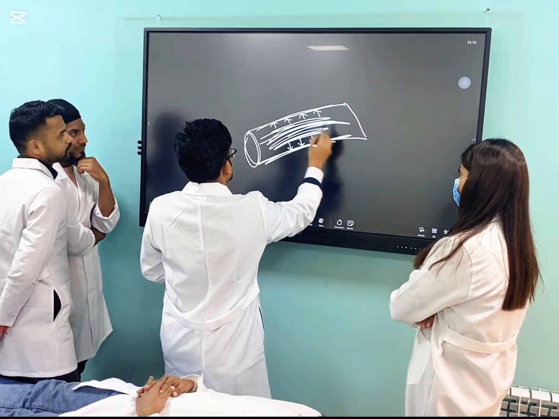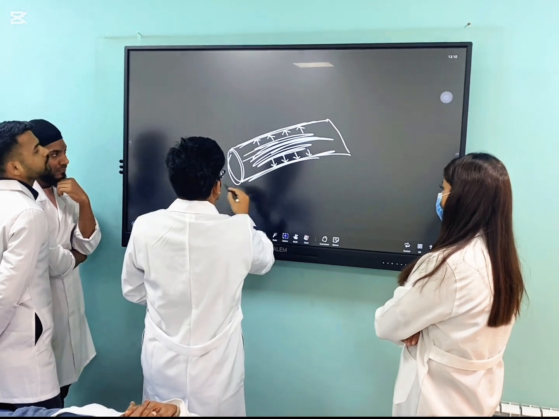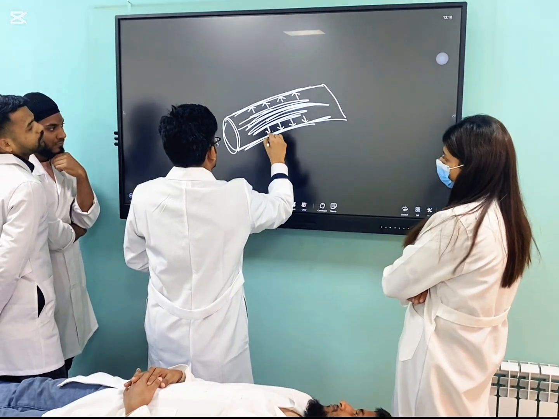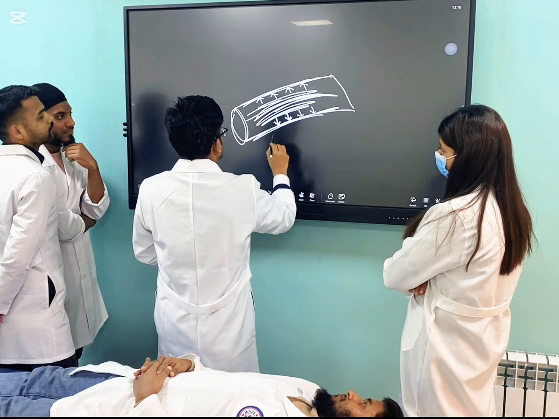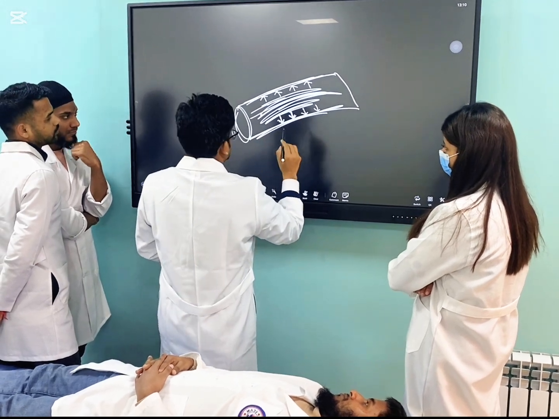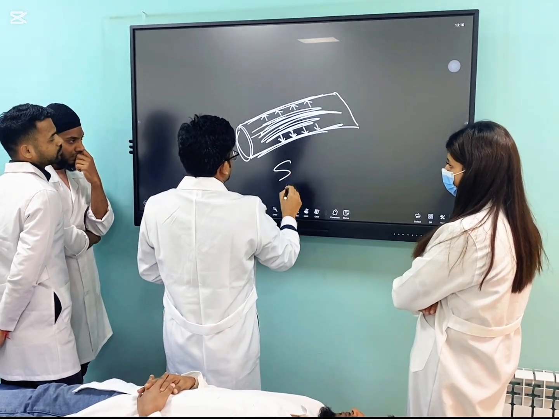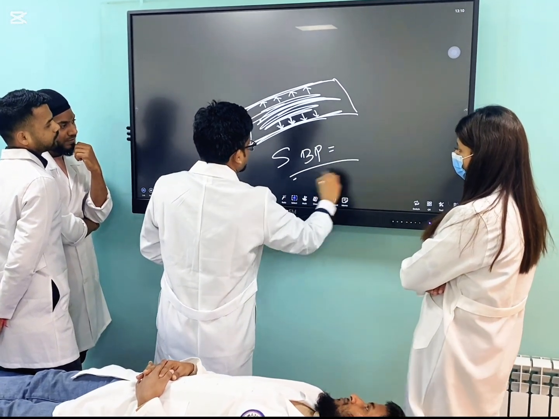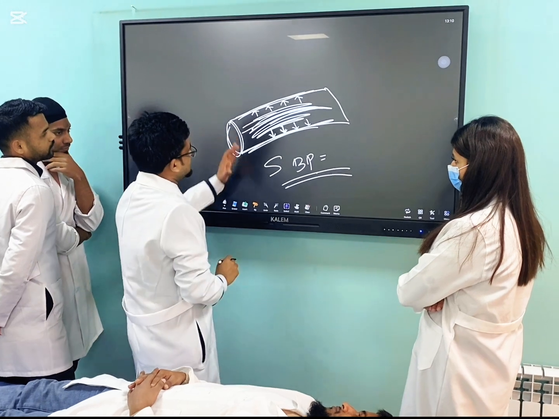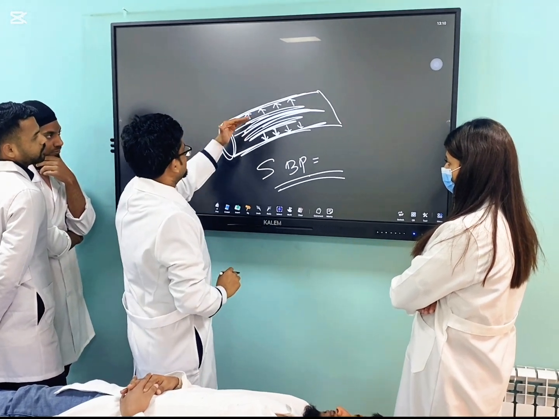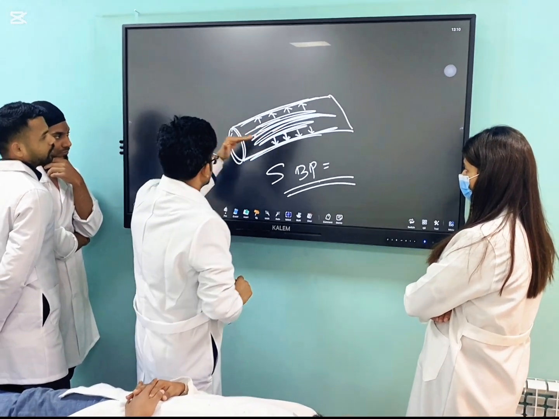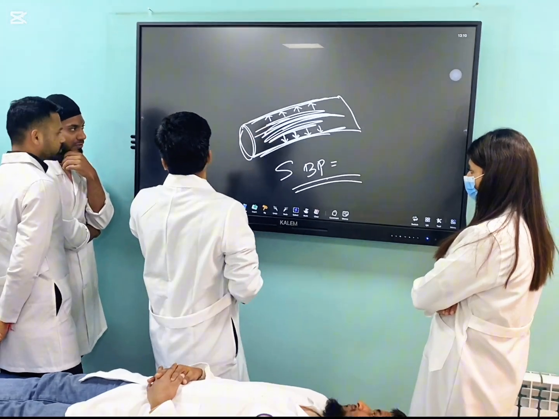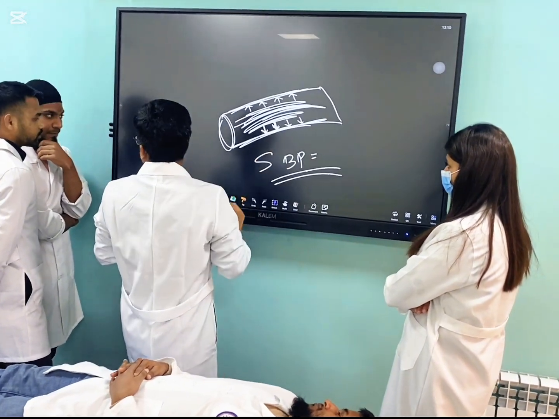When blood flows through the vessel, it produces lateral pressure on the vessel wall. This is the blood pressure. The definition of blood pressure is the lateral pressure that is exerted by blood when it flows through the vessel wall.